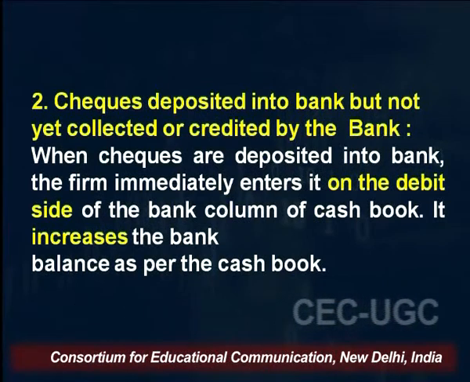Whenever we receive any check from any customer, we record that check on the debit side, or you can say the receipt side, of the cash book. The receipt side is also known as the debit side of the cash book. So whenever we receive any check, we post it on the debit side or receipt side of the cash book, and it increases the bank balance according to us.